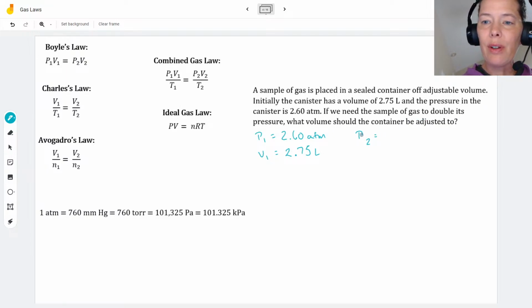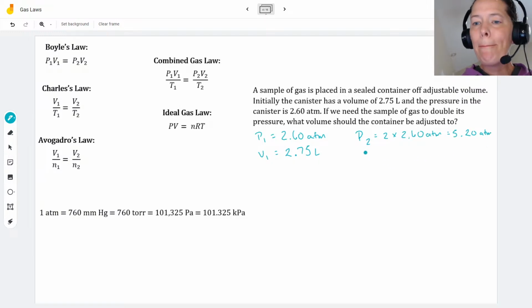So my P2, I want 2 times 2.60 atmosphere, which of course is 5.20 atmosphere. And my V2 is what I want to find. Double in pressure, what should the volume be? So that is my question mark. So I just go back and make sure I have everything I need.